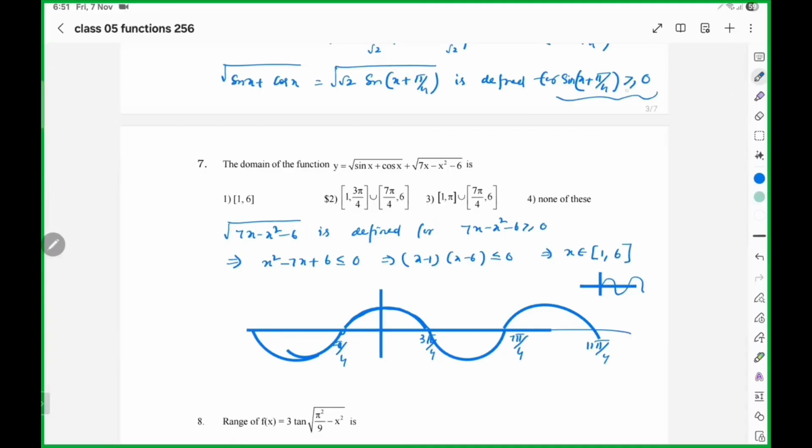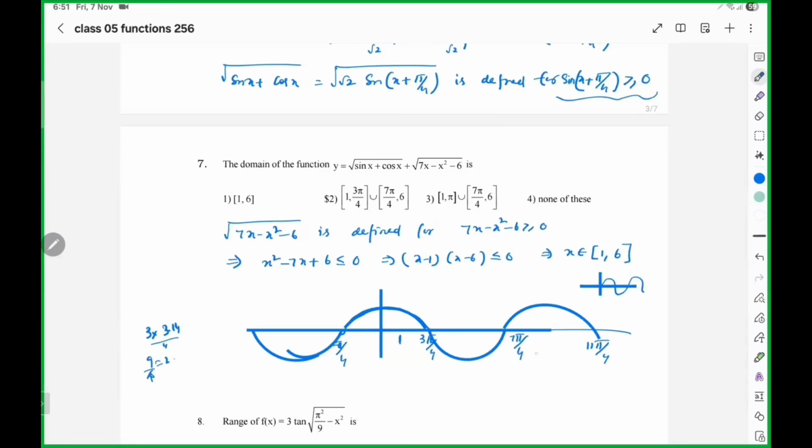So this is the solution of this, and another part is 1 to 6. Where is 1, is it before 3 pi by 4 or after? 3 pi by 4 is 3 into 3.14 by 4, 9 by 4, which is 2 point something. 1 will be somewhere here.